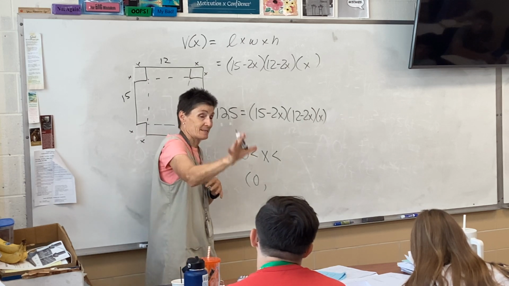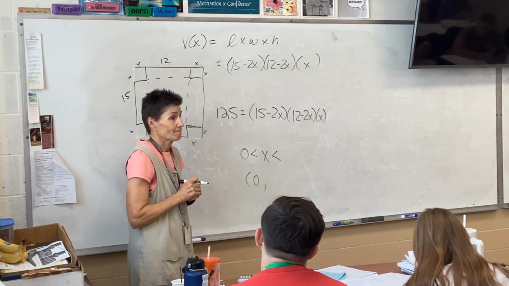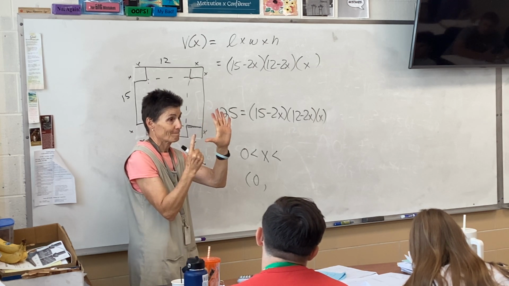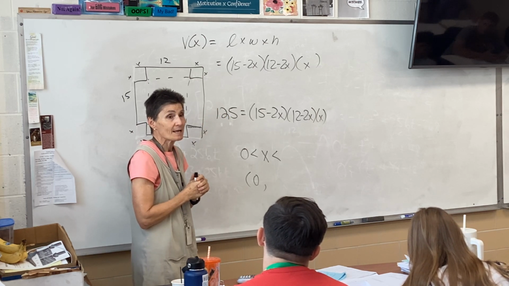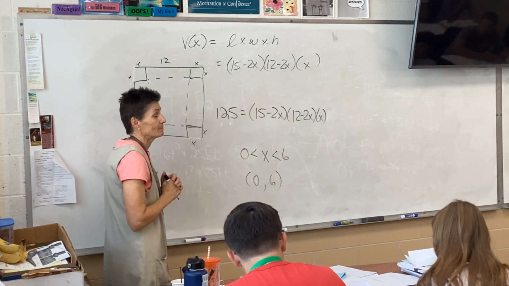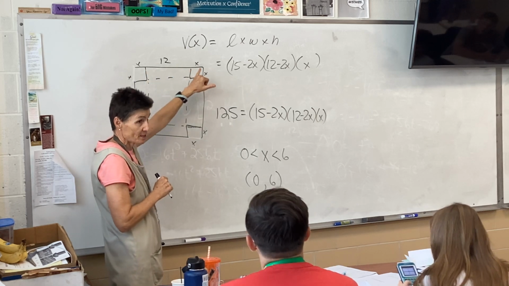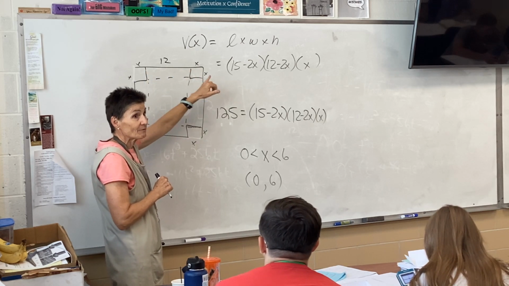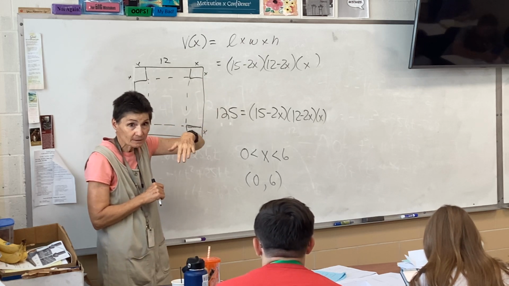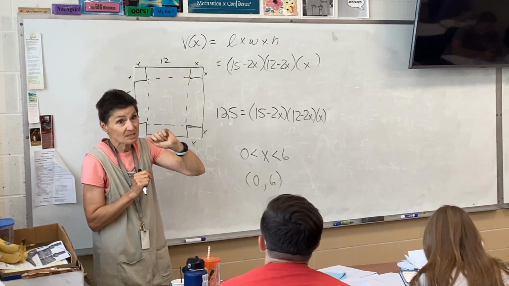What's the biggest x can be? Why is 6 the biggest that x can be? Because I'm taking a chunk off each side, and if I only have 12, then 6 is the biggest I can take off.